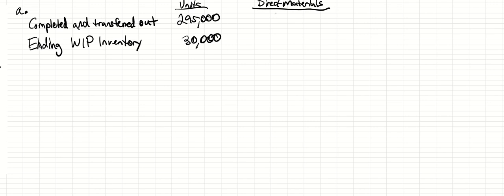So we're going to put on here 100%, because we're dealing with percentages here. What percentage of units are in respect to direct materials? All right, so it's 100% of the units that were completed and transferred out.